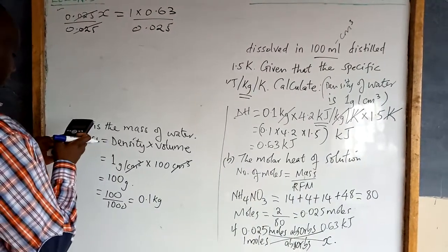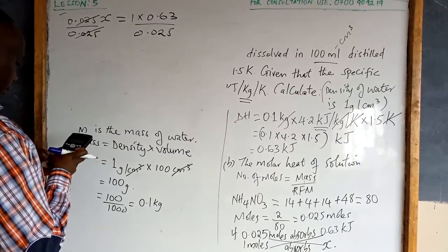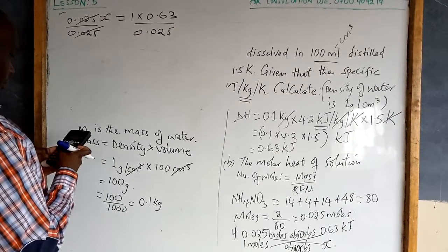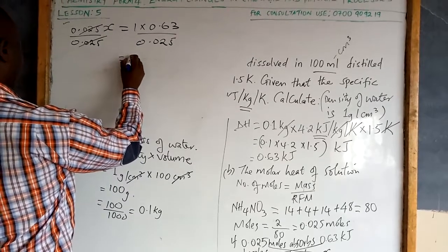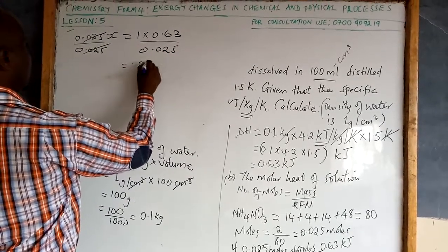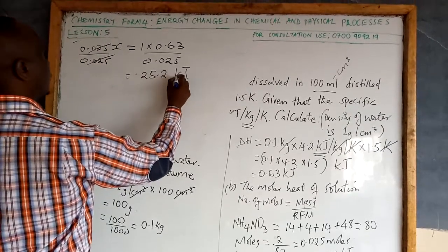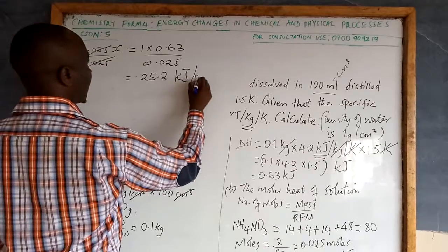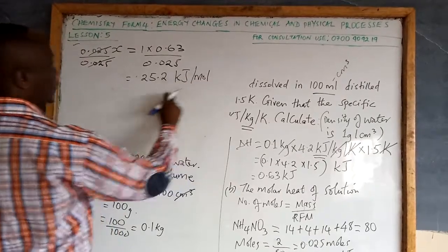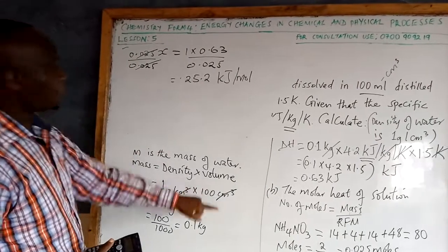That will be 0.63 divided by 0.025, which gives us 25.2 kilojoules. Now this one we will say per mole, kilojoules per mole, because it is now for 1 mole.